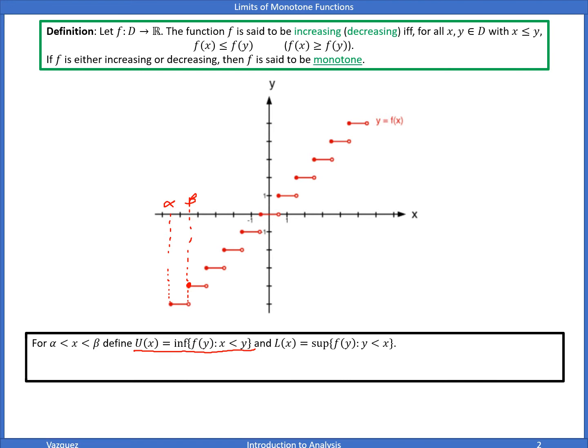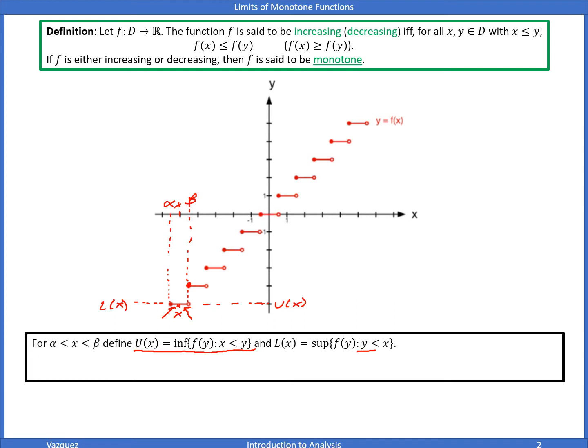Well, if x is right here, let's say this point is x, then the infimum would basically, well, all these points are constant, so the infimum is this value here. This is U of x. The supremum, because it's constant, is also, it's on the left side now because here y is less than x, but it is constant as well, so that value is also L of x.